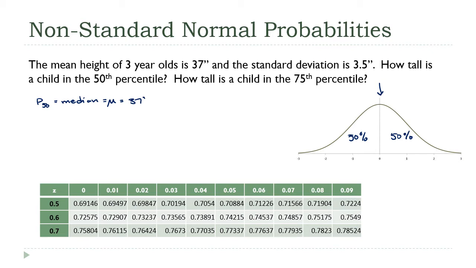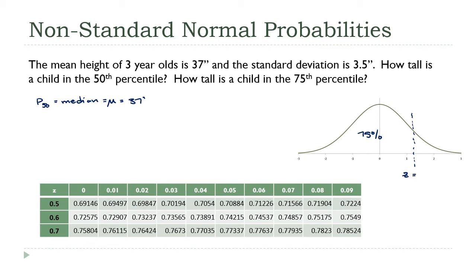All right, now for the 75th percentile, we're not going to get as lucky. For this one, we're going to have to actually use the method that we used on the previous slide. The 75th percentile is going to be over here somewhere, someplace greater than 50. So I want 75% of the data to be in that section. We need to find the z-score that has 75% of the data to the left.